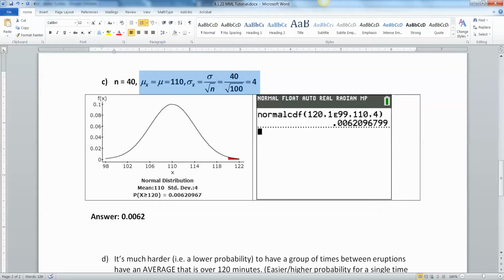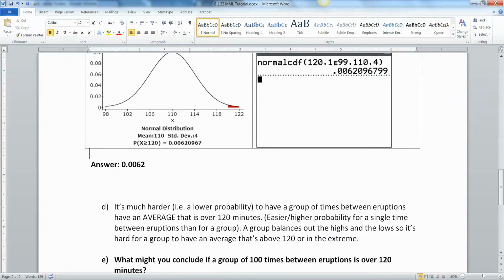And 120 is getting further and further and further. Even though it's still 120, how many standard deviations of the sampling distribution of sample means it's worth changes. So this means that it has a lower probability to have a group of times between eruptions have an average that's over 120 minutes.